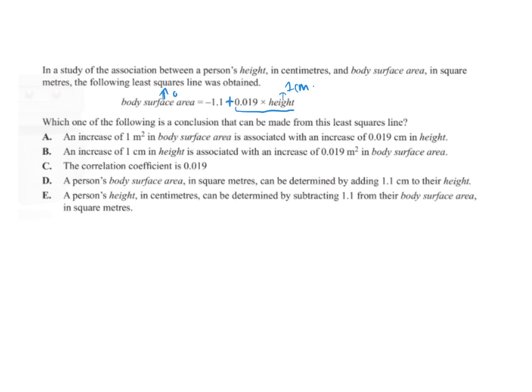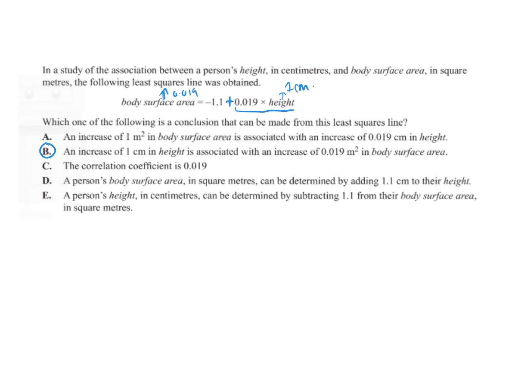So it increases by 0.019. So the answer is actually B, because that's exactly what I said happens. The first one is there to throw you. We're going to get better because we are going to write these statements and know what should be written.